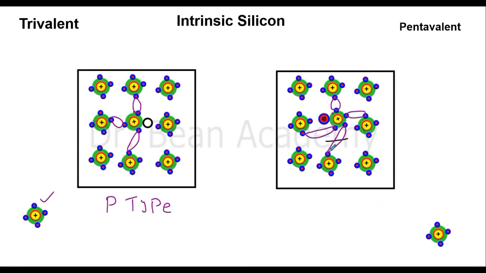But now what will happen to the 5th electron of the pentavalent atom, because it has 5 valence electrons? This one is left, so it cannot make a covalent bond with any neighboring atom, because there is no neighboring atom for this electron to offer an electron for covalent bonding. So in this way we get some extra electrons which are not in covalent bonding.